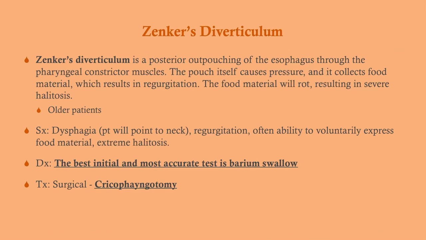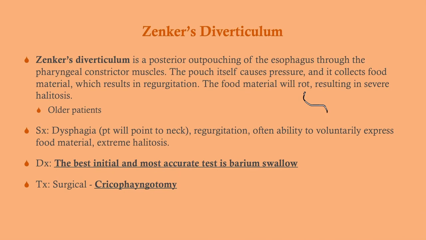A Zenker's diverticulum is a posterior outpouching of the esophagus through the pharyngeal constrictor muscles. You can almost think of this like diverticulosis, where you get this outpouching of mucosa. Now, the problem with this is that food can get into that diverticulum.